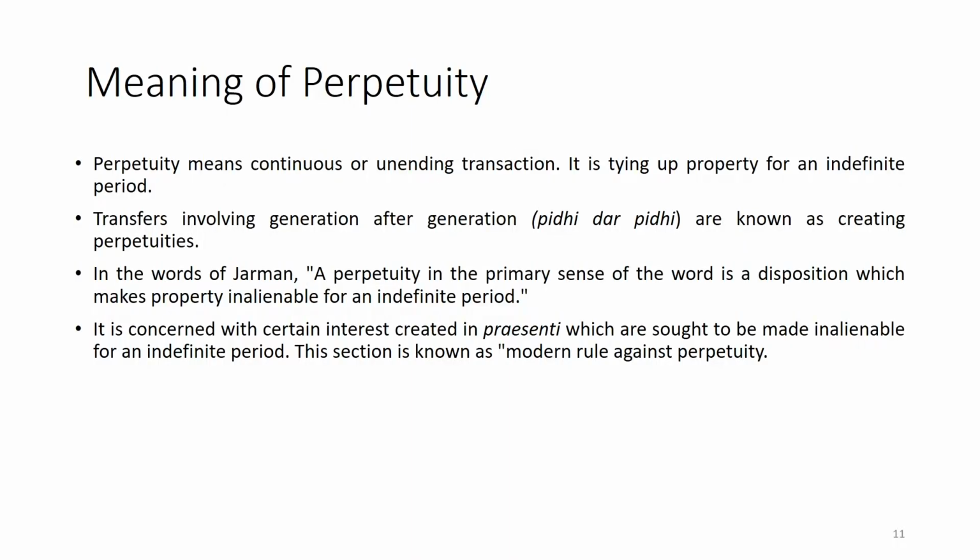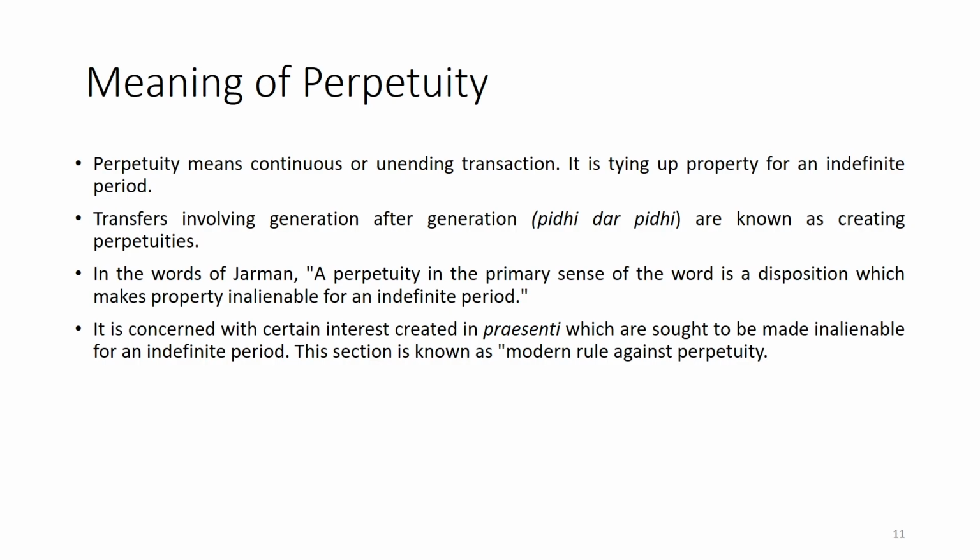The old law of perpetuity was that, as said by the German, perpetuity in the primary sense of the word is a disposition which makes property inalienable for an indefinite period. So, this is an old concept.